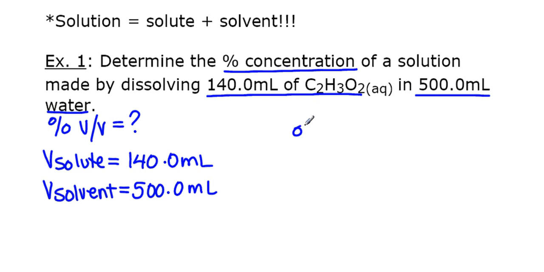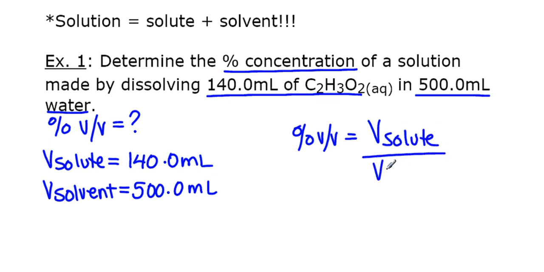To find percent by volume, remember what we need. We need volume of our solute divided by volume of solution times 100%. Volume of solution goes in the denominator, but this is solute and solvent.